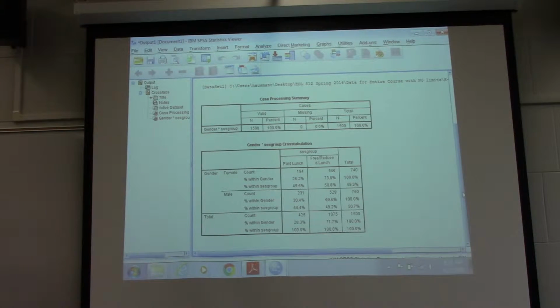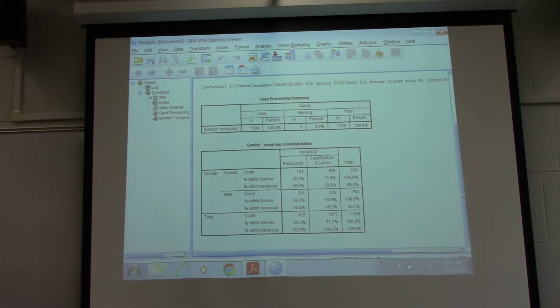So people often get confused with which of these two percentages to interpret. And the key is, is it across the row that adds up to 100, or is it down the column that adds up to 100? If it's across the rows, then I'll say, of all of a particular group in the row side, for example, of all females, what percentage qualify for free reduced lunch? I go across female to the free reduced lunch column, and it's 73.8%.